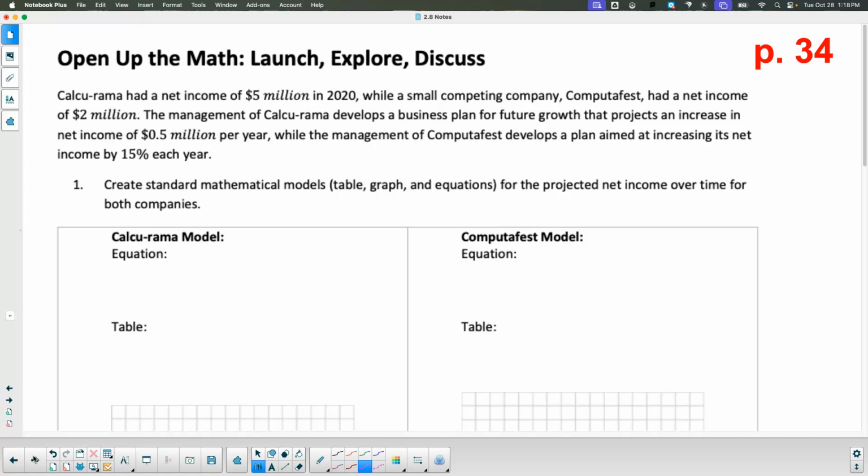So based off of just that, what kind of model would Calcurama be? Or, for that matter, what kind of model is ComputerFest going to be? Based off of what you've learned this entire year here in Math 1.